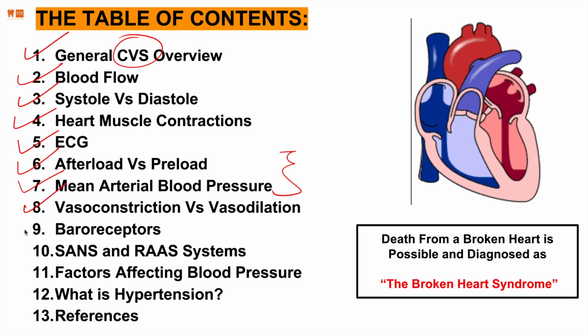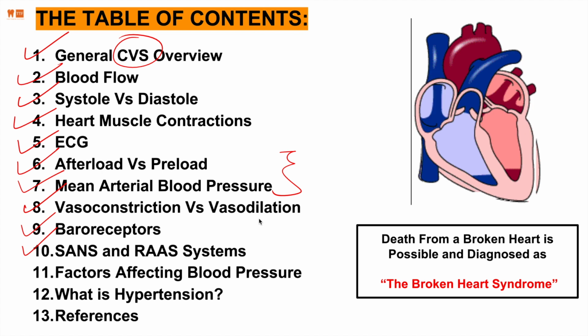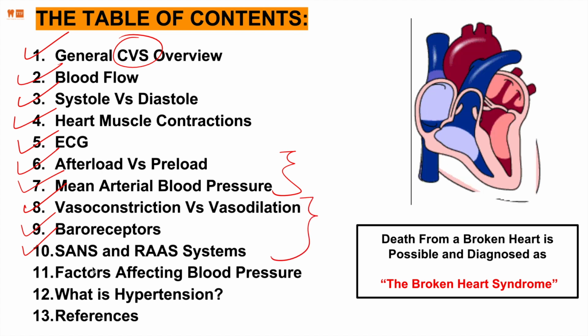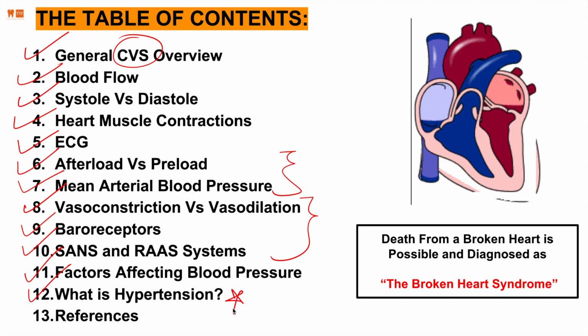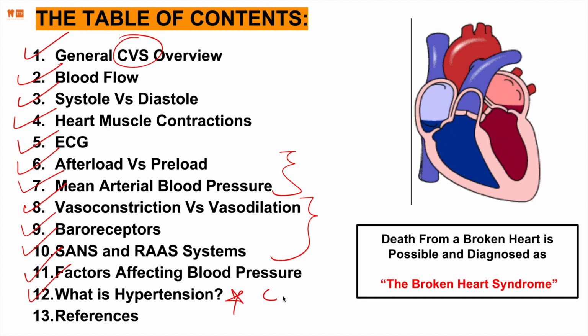Vasoconstriction and vasodilation, baroreceptors, and the sympathetic autonomic nervous system with renin, angiotensin, aldosterone system. These three mechanisms end up controlling blood pressure themselves. We'll figure them out in detail later. The factors affecting blood pressure, which then leads to what is hypertension, as an introductory slide to the next lecture, which is CVS2, so stay tuned for that, ending with references.